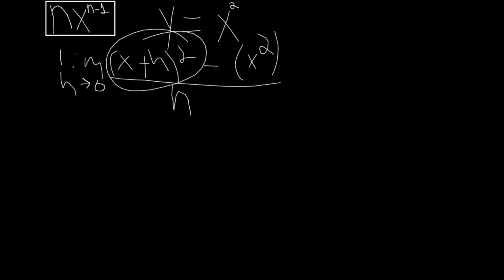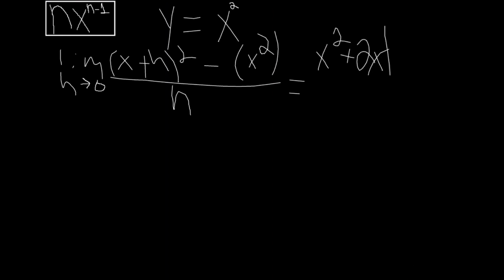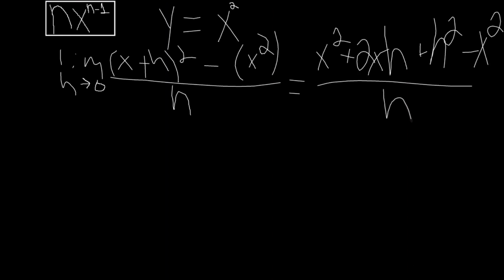When we expand this binomial, we're going to get x squared plus 2xh plus h squared minus x squared, all over h, right?